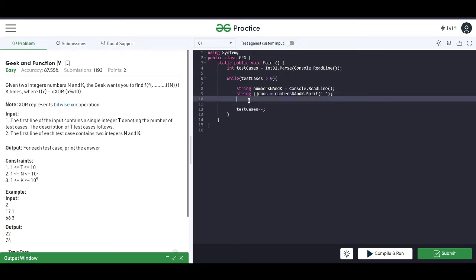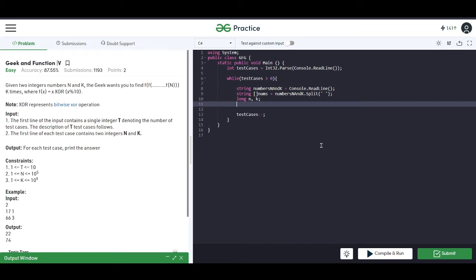Now we will declare two numbers n and k, and then we will parse them.